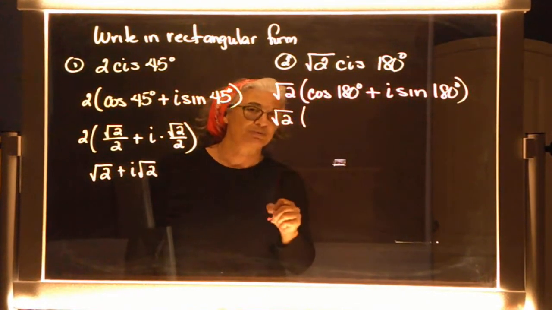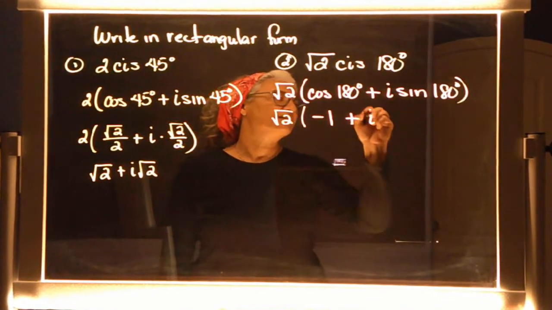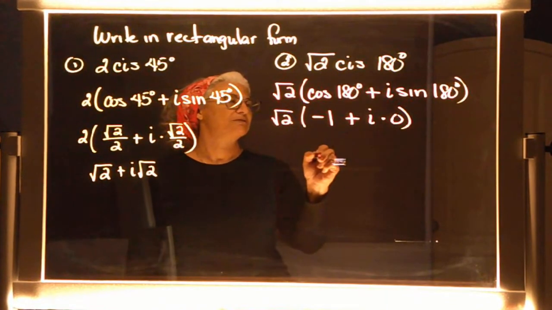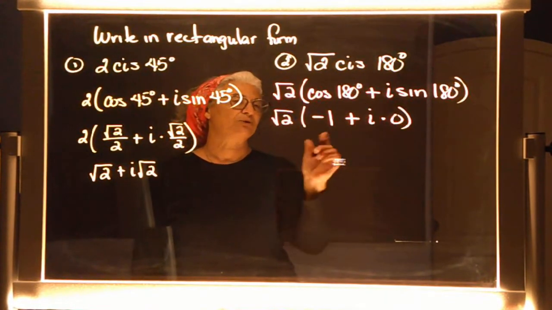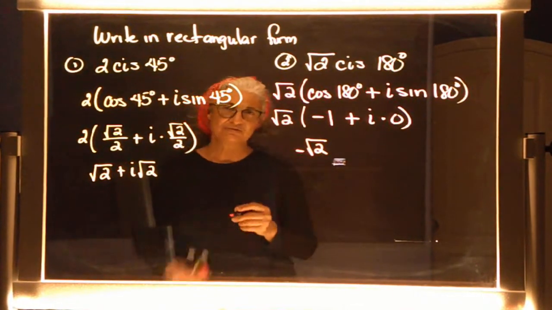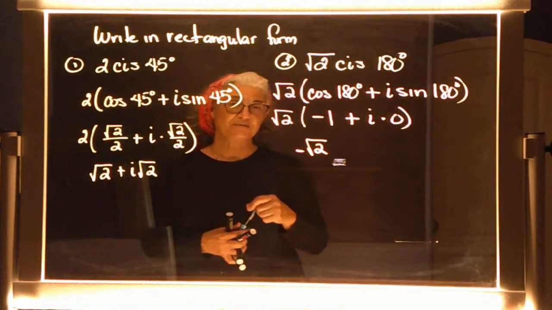So I'm hoping you remember what that is. Good, this one's -1 plus i times 0, which this will just be 0 back here, won't it? So wouldn't this just be negative square root of 2? Awesome! Getting the hang of it?